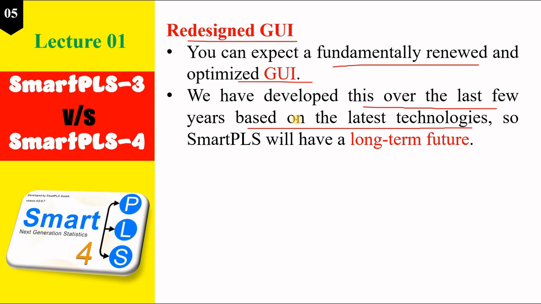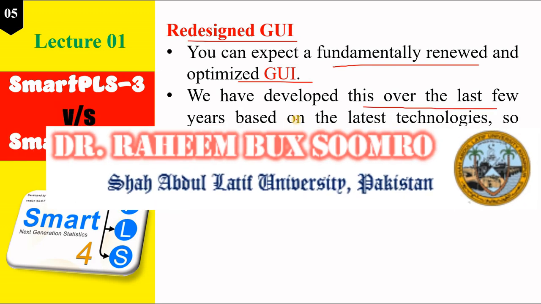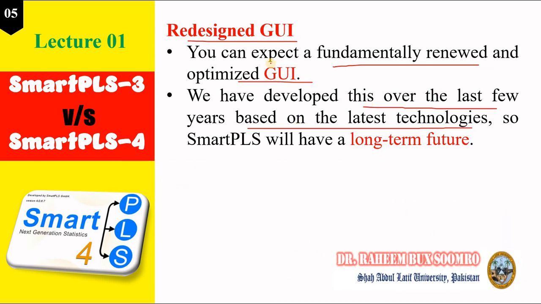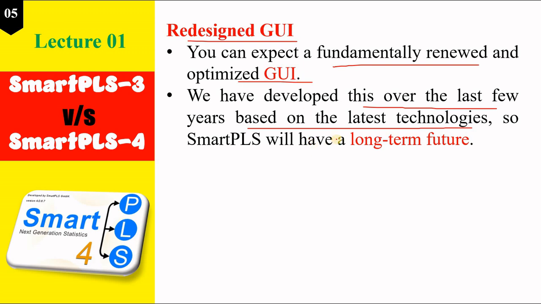Dear friends, another important feature is the redesigned GUI. GUI means graphical user interface. Now this is a fundamentally renewed, optimized graphical user interface. SmartPLS says that we have been working for a few years to introduce a new, fundamentally changed GUI with the latest technology, so we can work for the long term in the future.